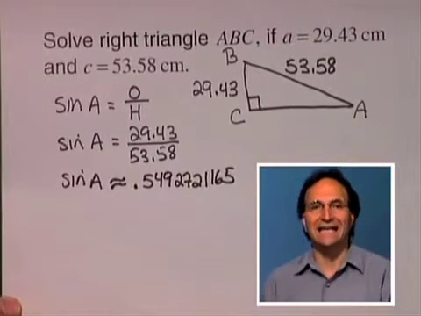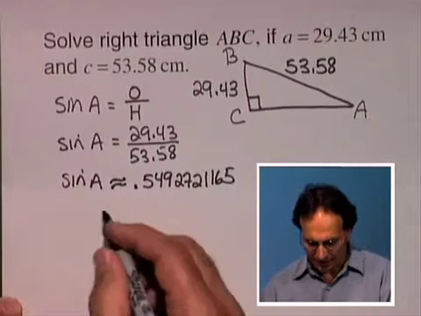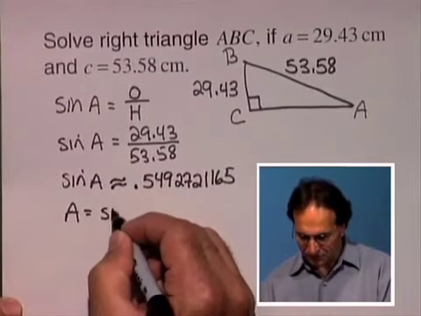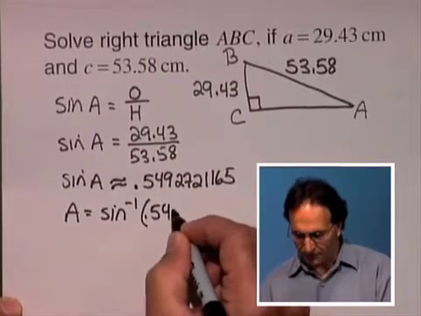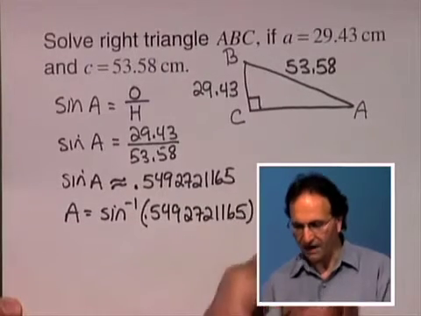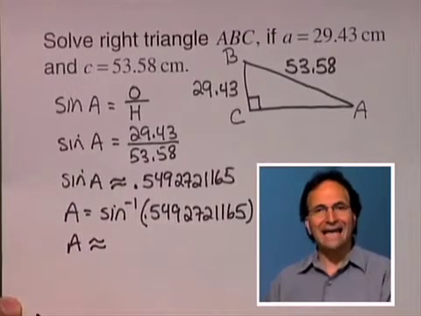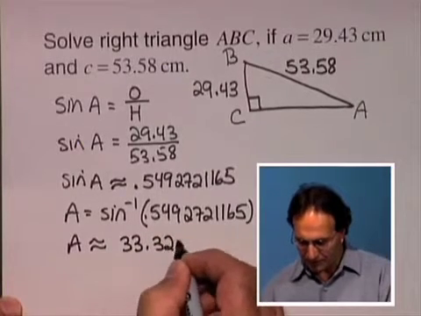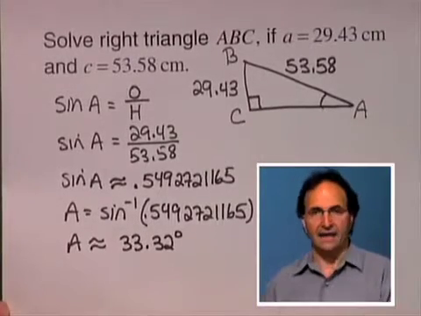And now we use the inverse sine or sine inverse function of the calculator to say that angle A will equal sine inverse of that same result, 0.5492721165. The calculator will give us the result that A is approximately equal to 33.32 degrees. So that gives us angle A.